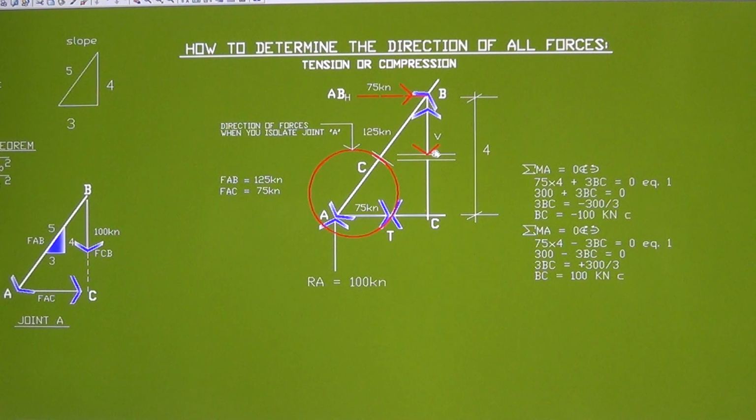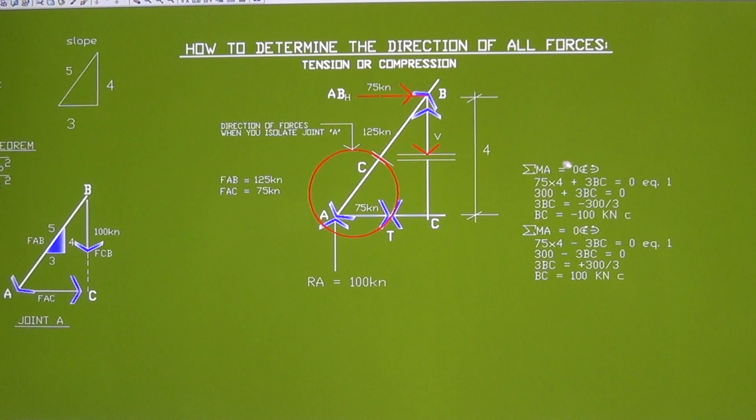That is the assumption. And when this is tension, when you take moment at A, you look carefully at the direction. I assume the clockwise as positive and the counterclockwise as negative. That's the sign convention that I consider.